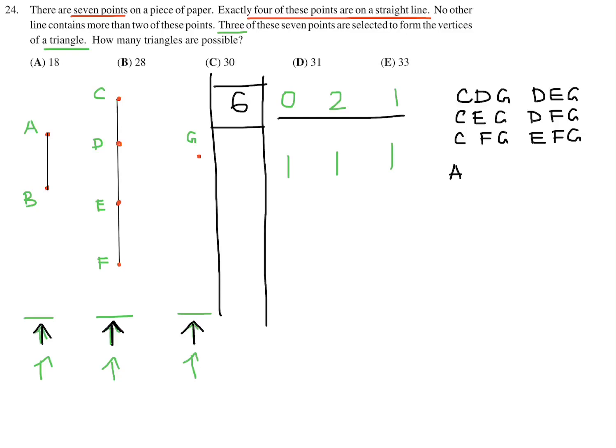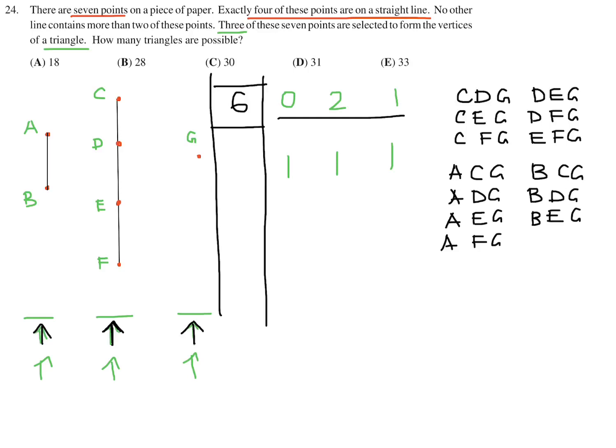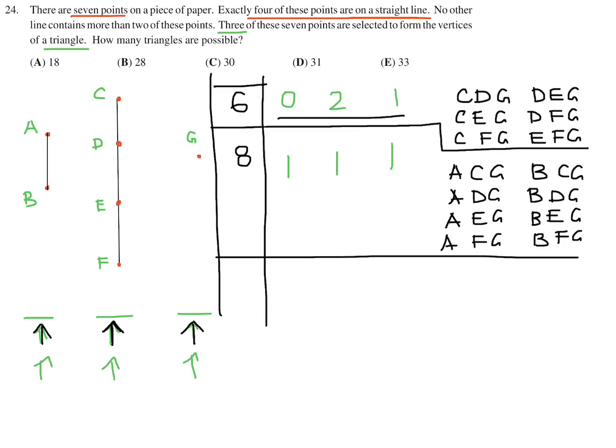A, C, G, A, D, G, A, E, G, and A, F, G. And then B, C, G, B, D, G, B, E, G, and finally B, F, G. And this gave us 8. Okay? So far, I hope you are following me.